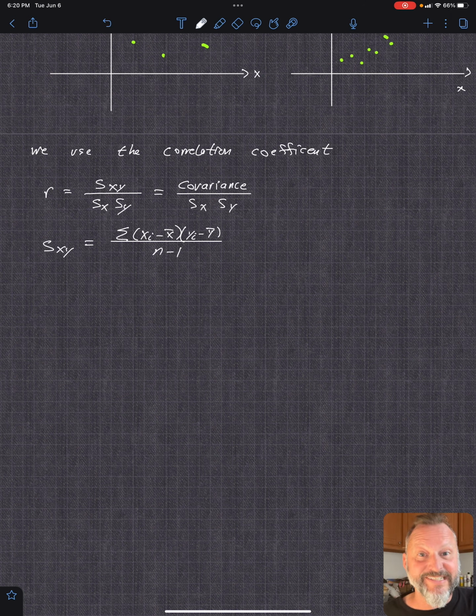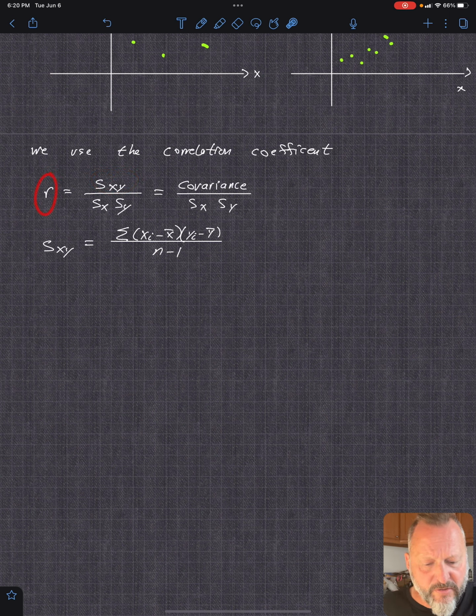Because anytime you say sample, you divide by n minus 1 for the standard deviations. So that's the numerator of R.